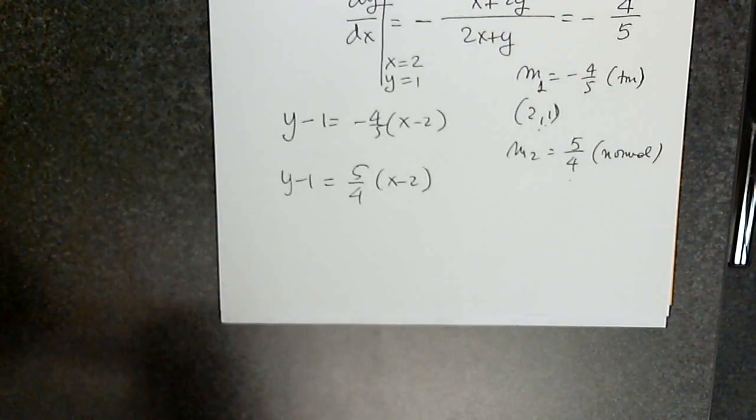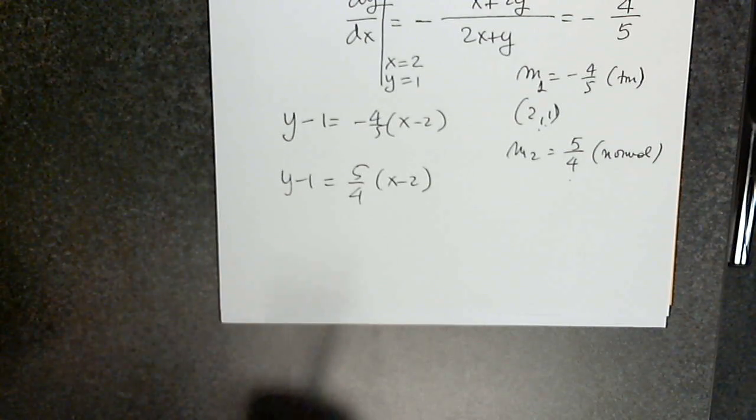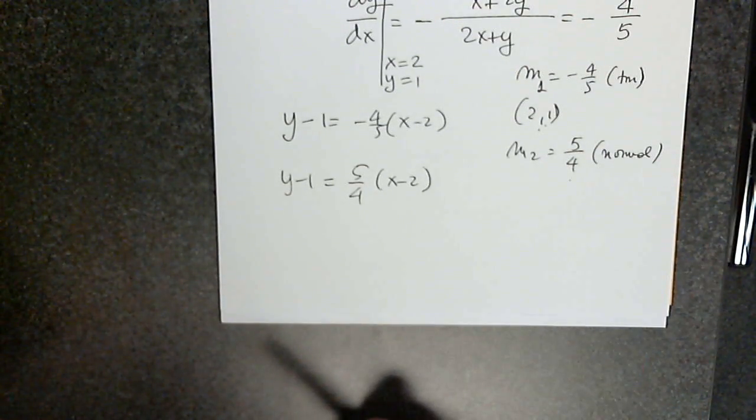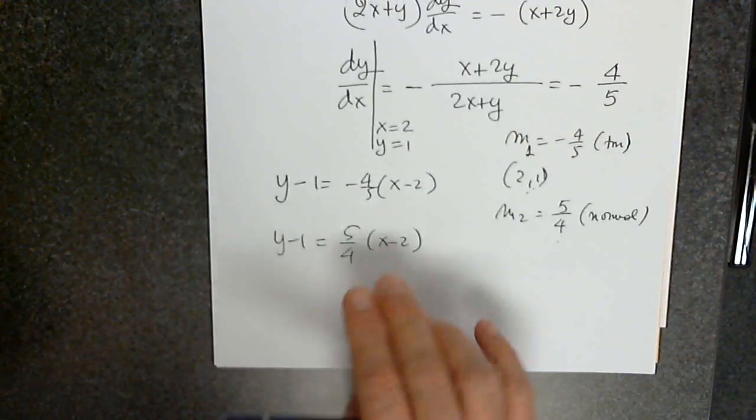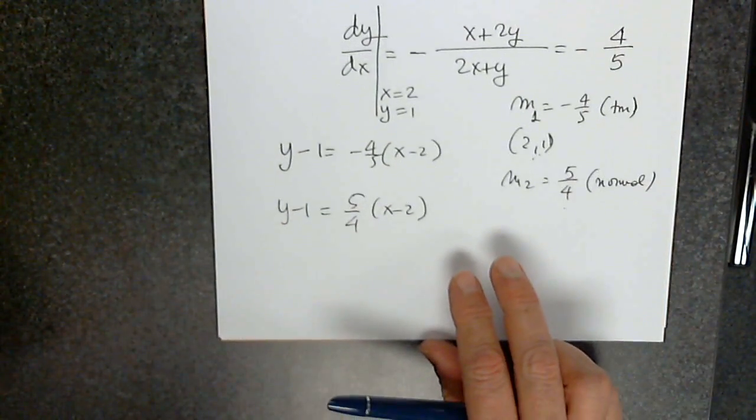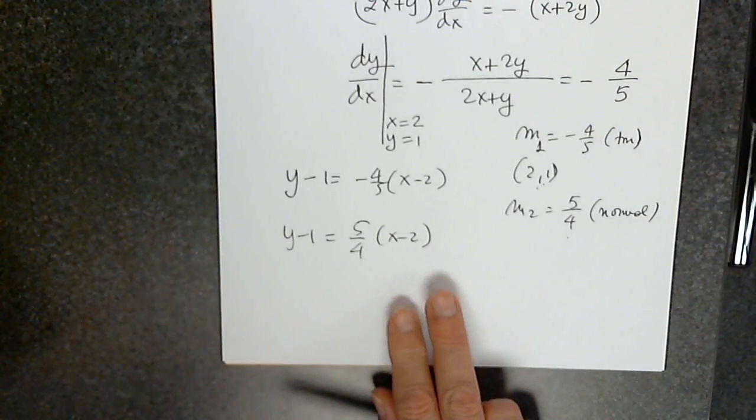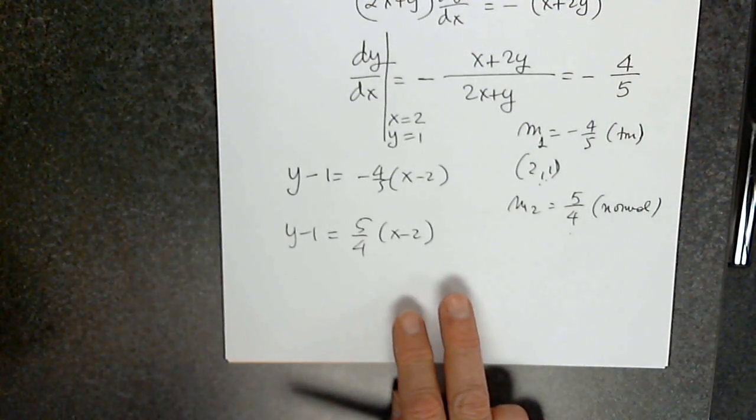Any questions? Yes, you can solve from here, solve for y. And you should, because I'd like to finish these two before we adjourn tonight. Any questions on this problem? Is this okay?